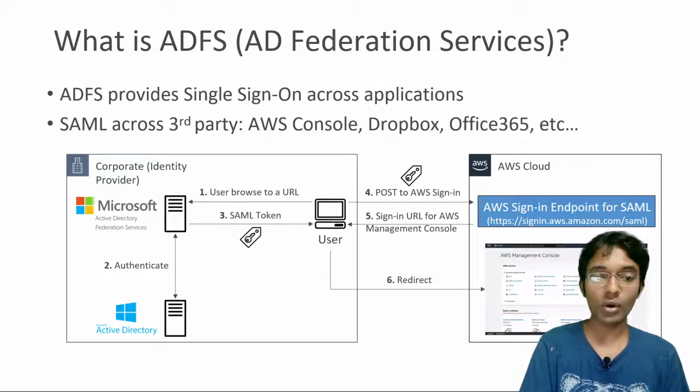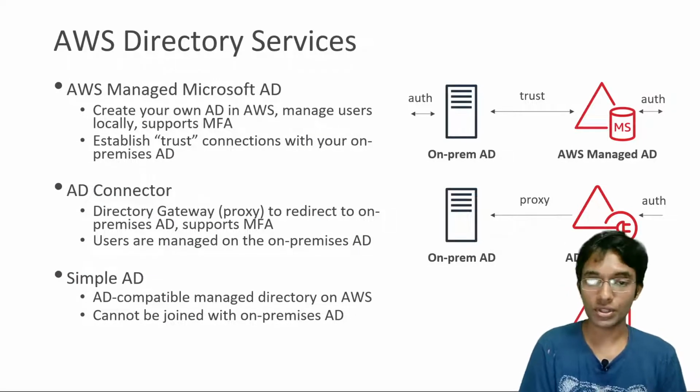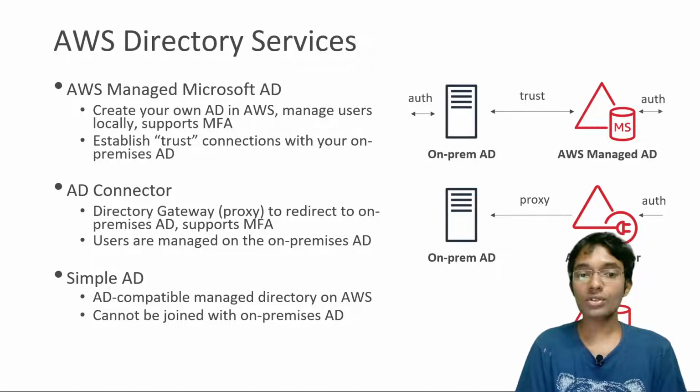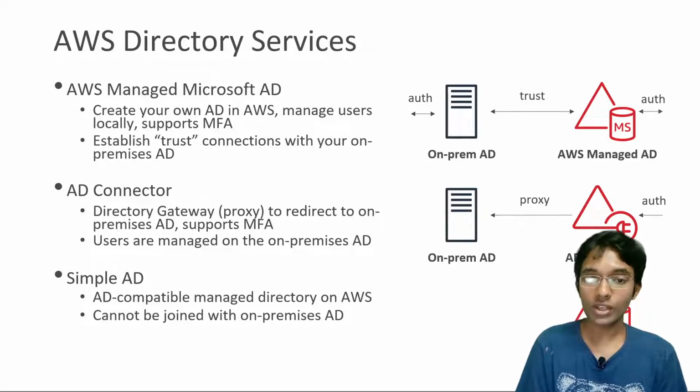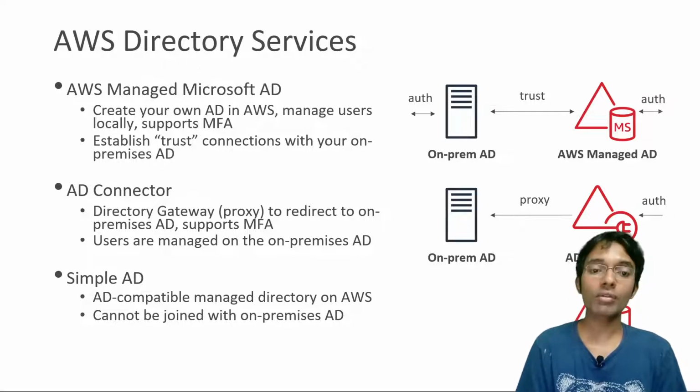Okay, so now let's get into AWS Directory Services. We have three flavors of AWS Directory Services, managed by AWS. The first one is called AWS Managed Microsoft AD. As you can expect, it's going to be a Microsoft AD in the cloud.